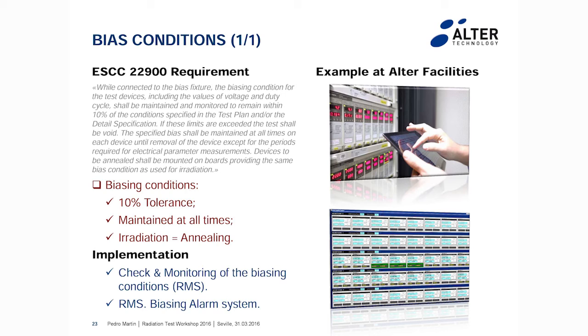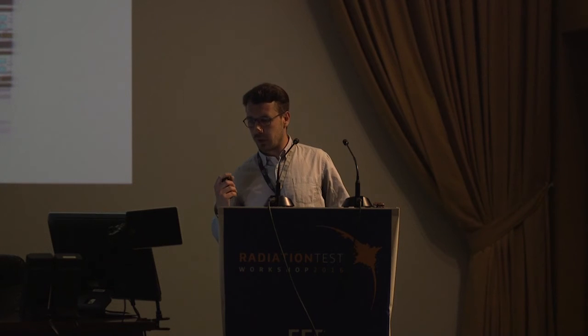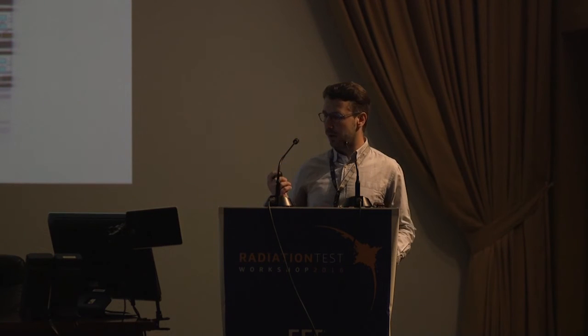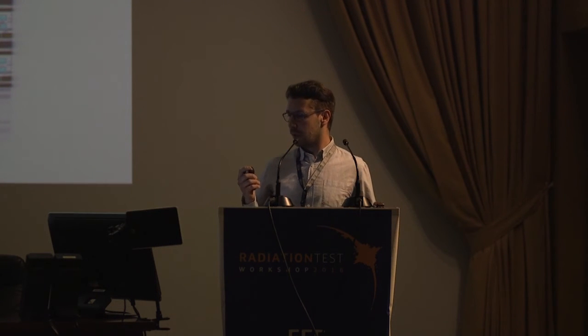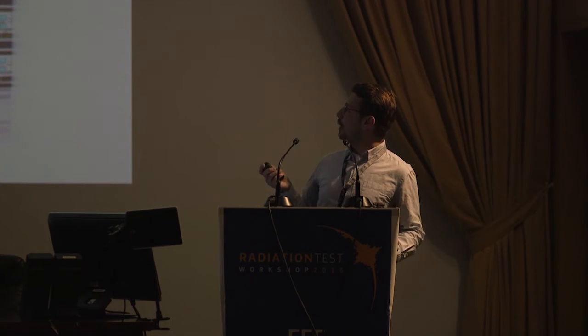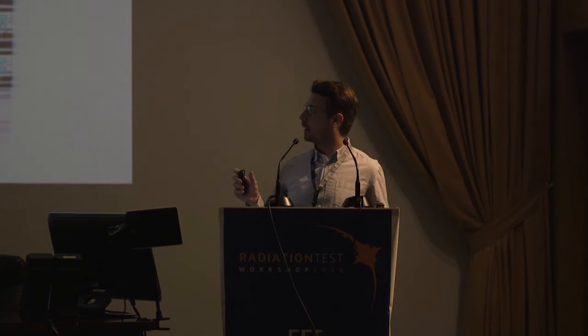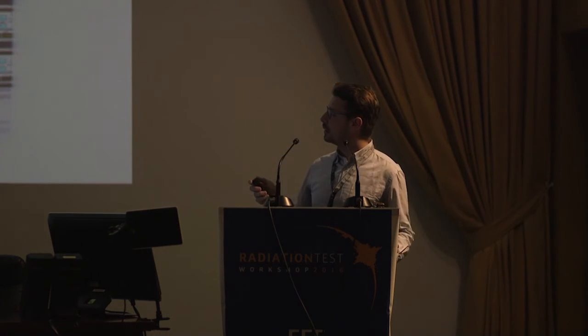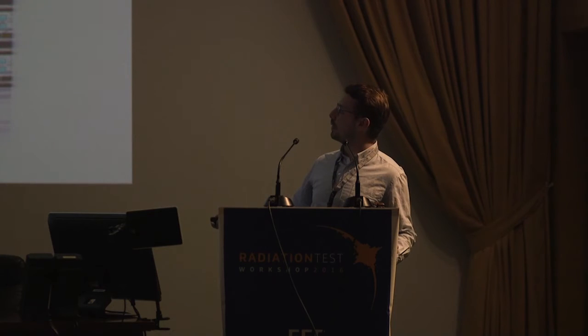And you have a 10% tolerance to apply this voltage with respect to the test plan. What we do is monitor the voltage and the current along the test. In such a way, we can detect any variation in the current or in the voltage to change the configuration if necessary.